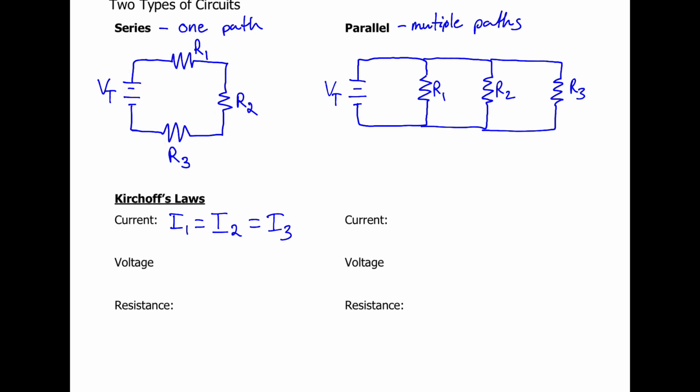Now, annoyingly, because I laid it out that way, that means the Kirchhoff's law for parallel is completely different. Okay, so the exact opposite is true for parallel. In this case, the total current is equal to all the currents added together.